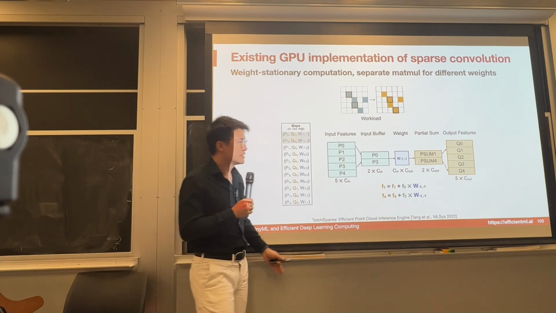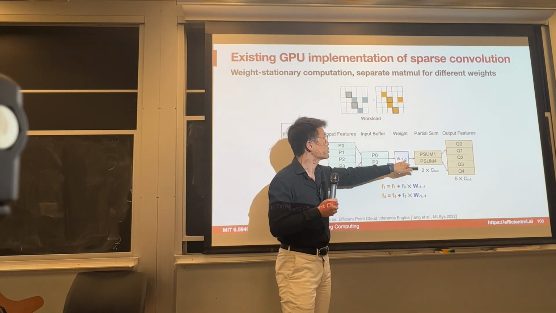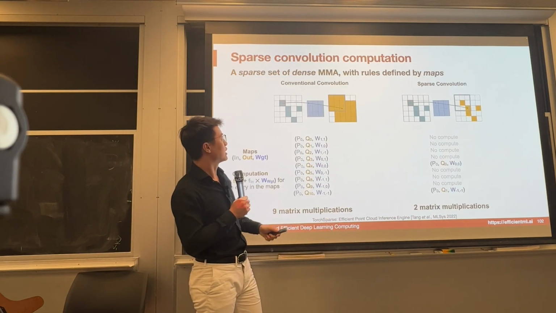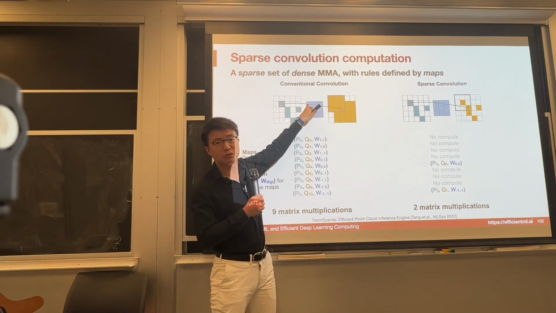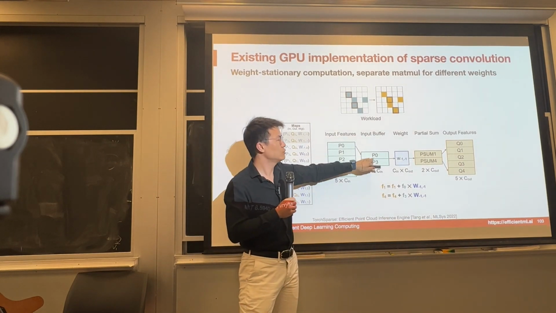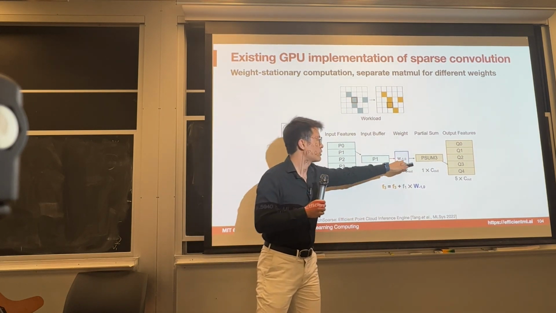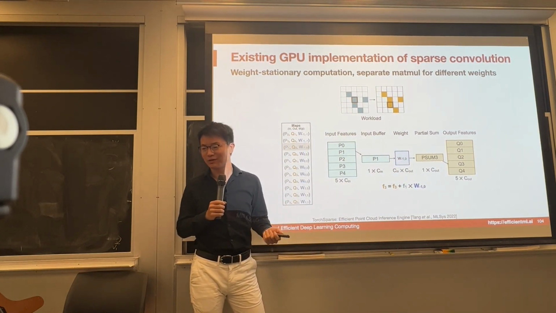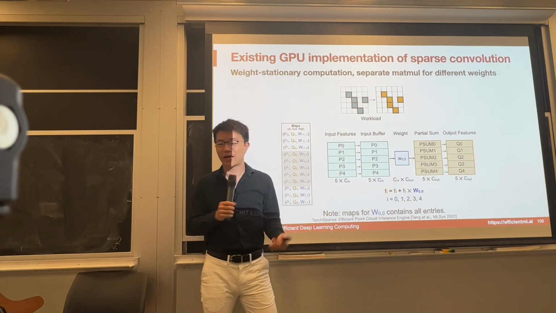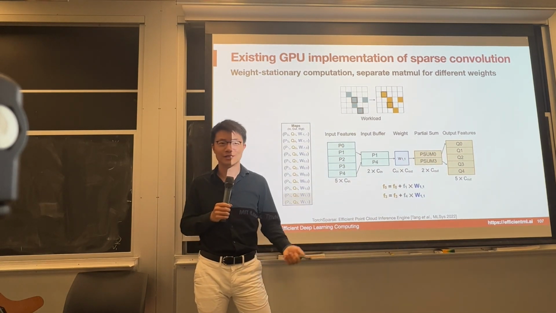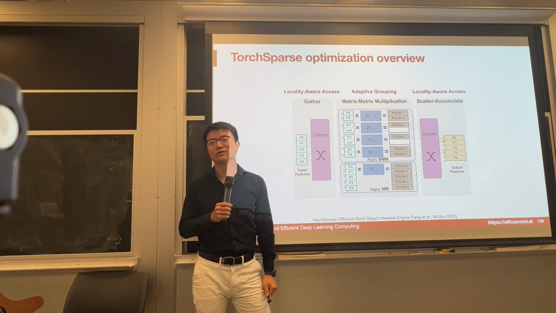So for different weights, like weight -1, -1, which corresponds to this location, only 2 inputs interact with them. And for -1, 0, only 1 element interacts with them, or 5. So this is highly imbalanced. Different weights interact with different numbers of inputs.